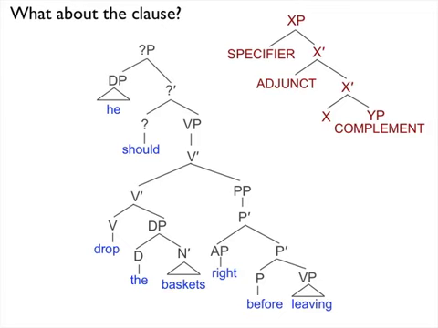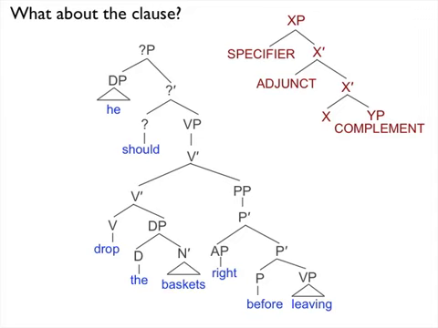It would be in the specifier. So we've got specifier, head, complement. Within that, whatever that phrase is, it's going to have specifier, head, should, and complement. Right? And we want to say it's a complement because should requires that there be a VP after it. Right?